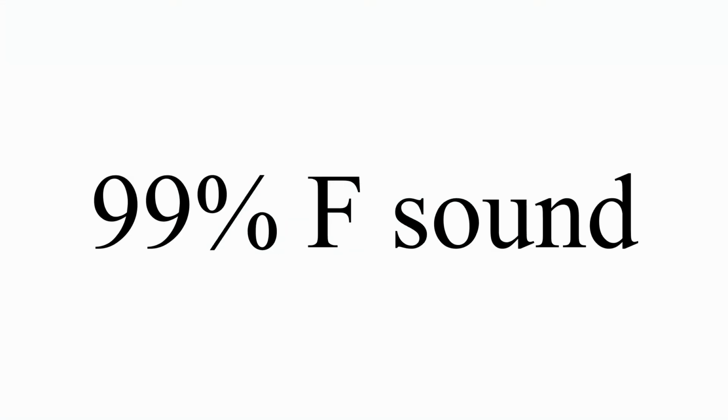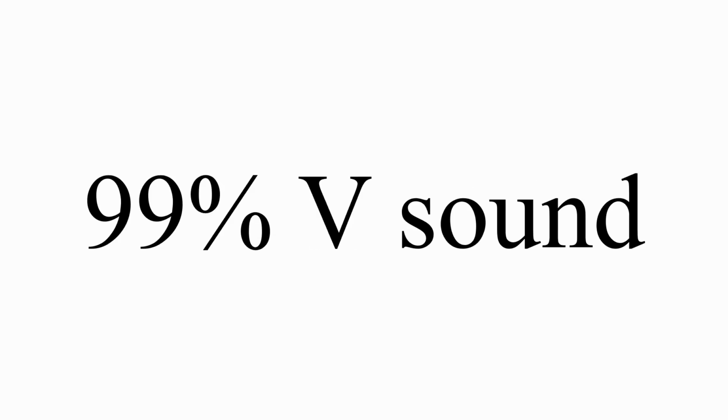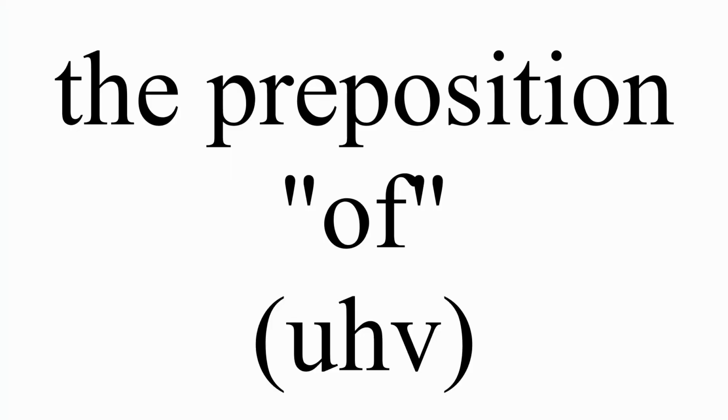Unlike the vowels, consonants in general tend to be more consistent and more reliable for their spelling. If you see the letter F, 99% of the time it will be pronounced as an F sound. If you see the letter V, 99% of the time it will be pronounced as a V sound. Of course, one very common exception would be the preposition of, which uses a V sound.